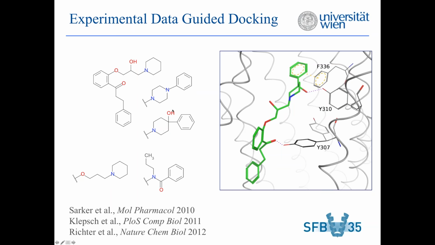And every time we introduce a hydroxyphenylpiperidine here, we gain one order of magnitude when we compare, for example, with compounds like this. We dock these 5 compounds individually, and then we only analyze those poses or pose clusters where we have all 5 compounds in and where we have an overlay of the common scaffold.